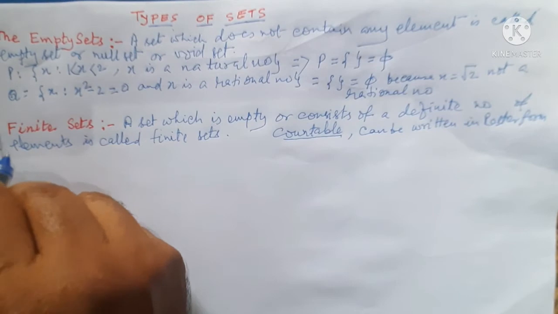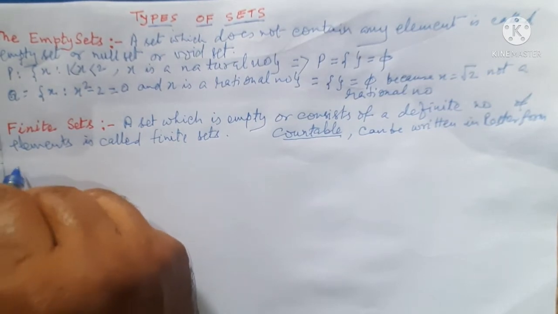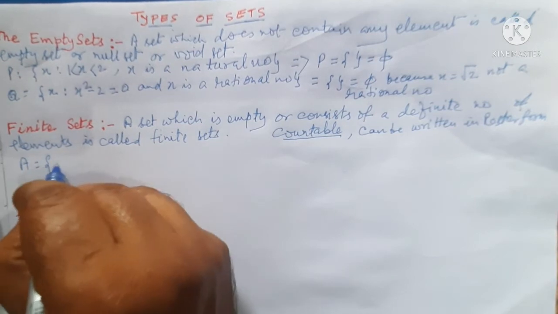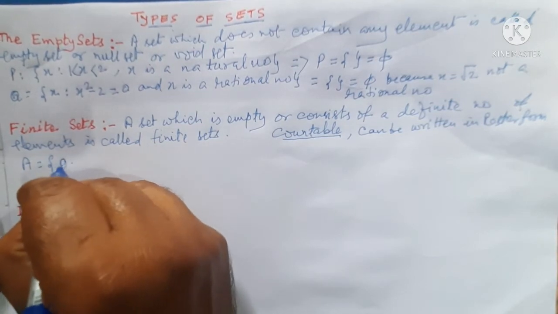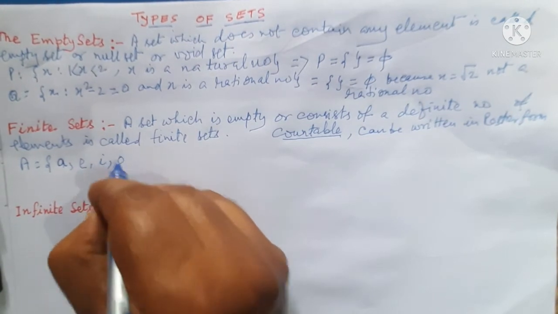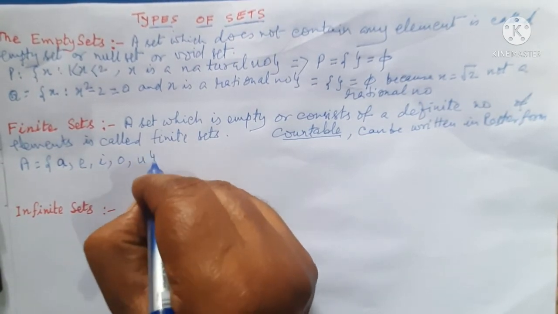For example, let A be a set having its elements A, E, I, O, U. These are the elements.